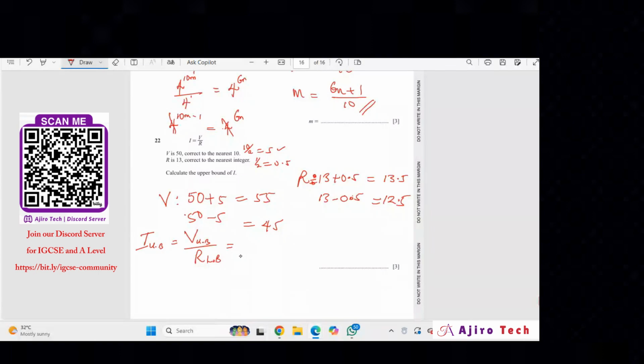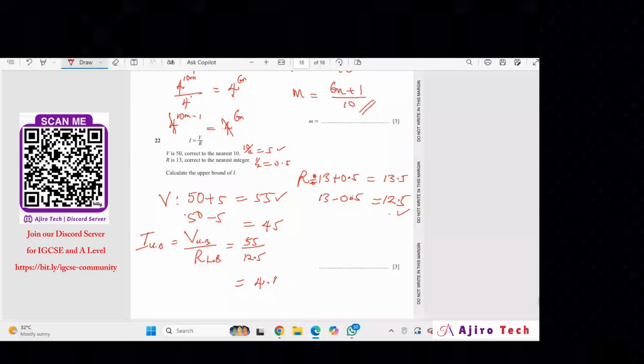V upper bound now will give us 55, all over R lower bound. Where is the lower bound here? It is 12.5. This is the upper bound. This is the lower bound. So from here, you are going to have 55 divided by 12.5. When you divide that, it will give you 4.4.